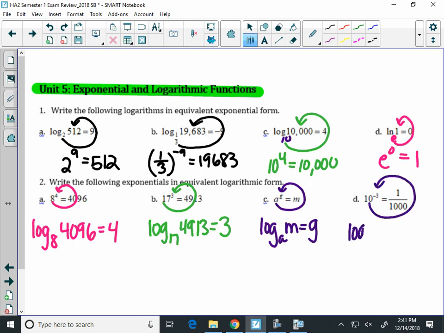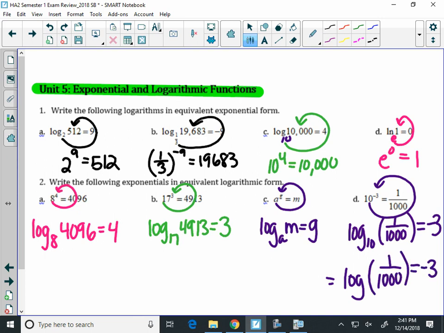You can write log base 10 of 1 over 1,000 equals negative 3. But for our common log, the convention is that we don't write the base of 10. So a lot of times you'll see that written as just log of 1 over 1,000 equals negative 3. Either one is correct. It doesn't matter which one you do.